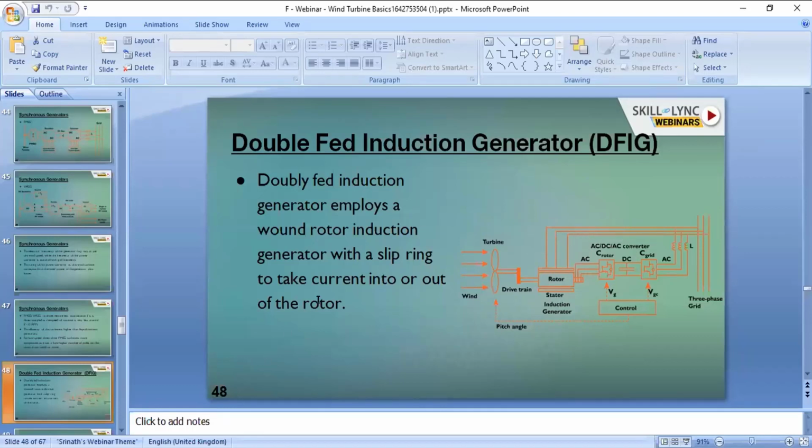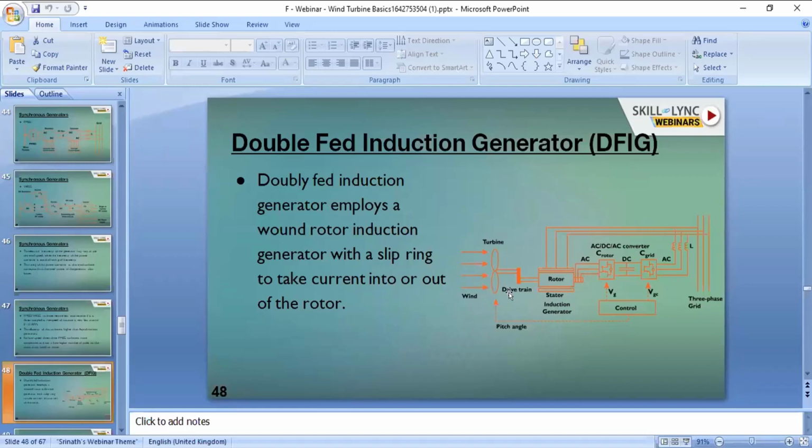So this is the main advantage of the double fed generator, that the power can be fed in the rotor from both sides. If the speed of the rotor is below synchronous, the power is fed to the rotor, and if the speed is in the super synchronous range, we get the power from the rotor, and again it is fed to the main grid.